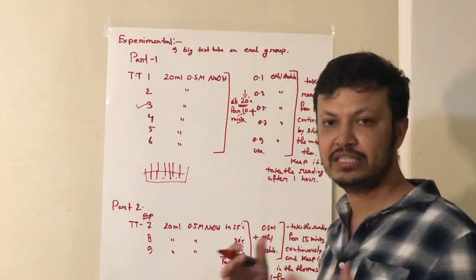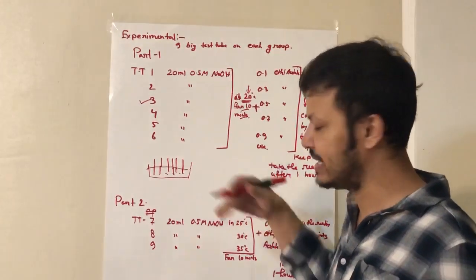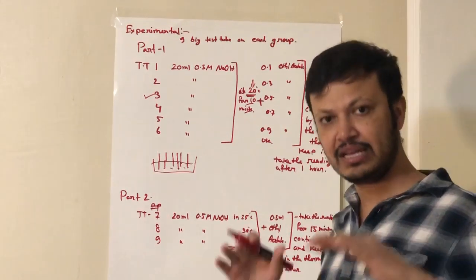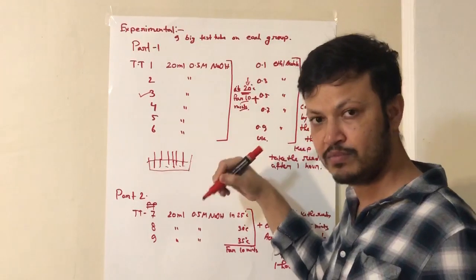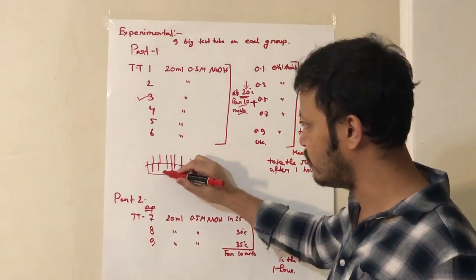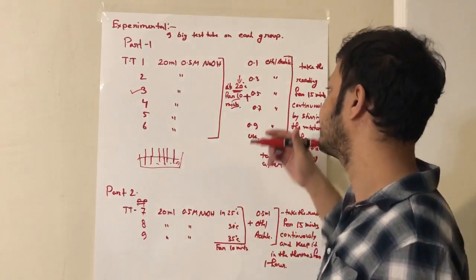So that the temperature inside the test tube becomes the same as the liquid outside the test tube. The water is 20 degrees, so the inside will be 20 degrees as well.